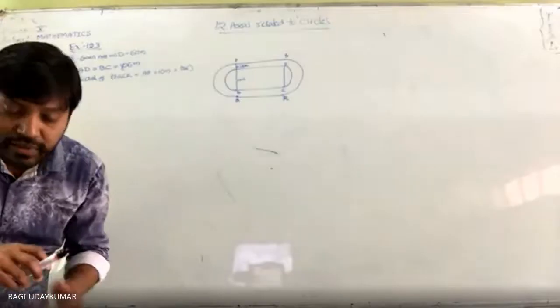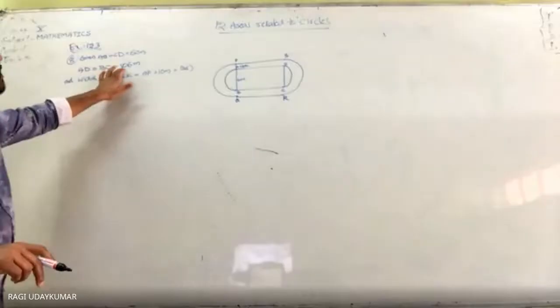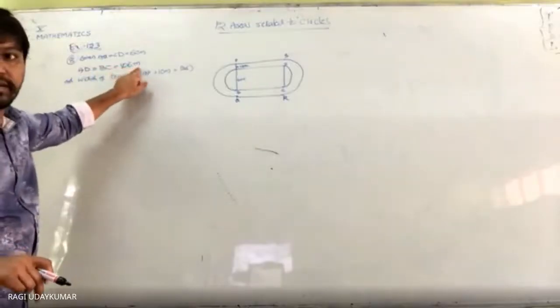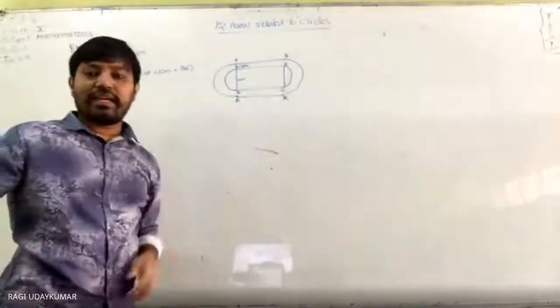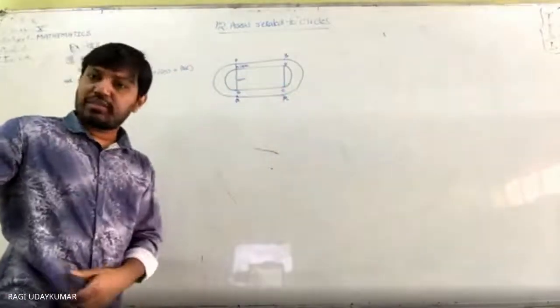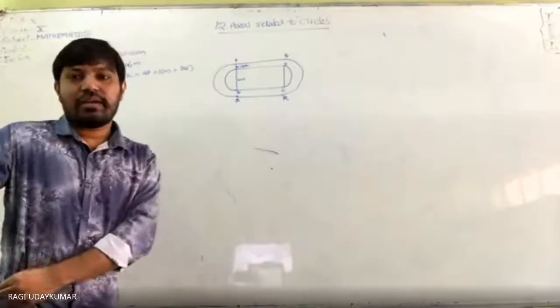No sir, the second line. Yes? Sir, what did you write after AD equals BC equals in the second line? AD equals BC equals 106 meters, son. Okay sir. Because the length is given to you, 106 meters. Okay, did you understand? Yes sir.